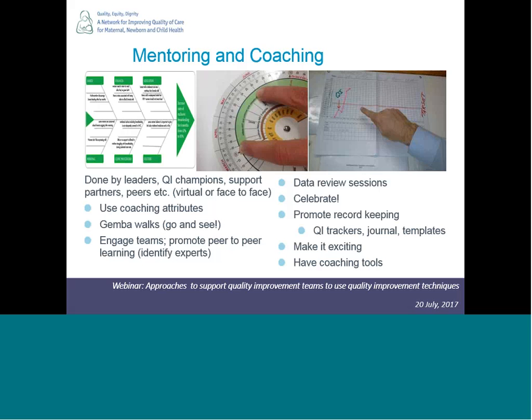Because sometimes you find teams focusing on an idea or a certain problem, thinking that problem is the one causing the deficiency in their data or indicator, but really it might not be the key cause. So they also need to be able to prioritize the causes and think through their change ideas moving forward.